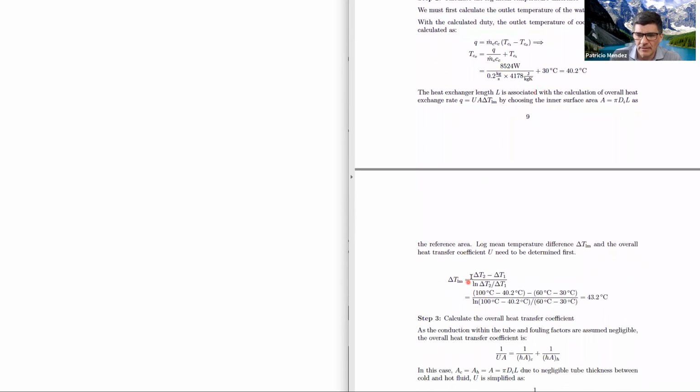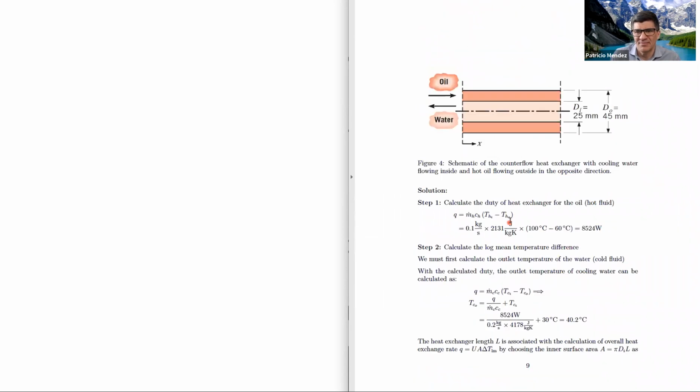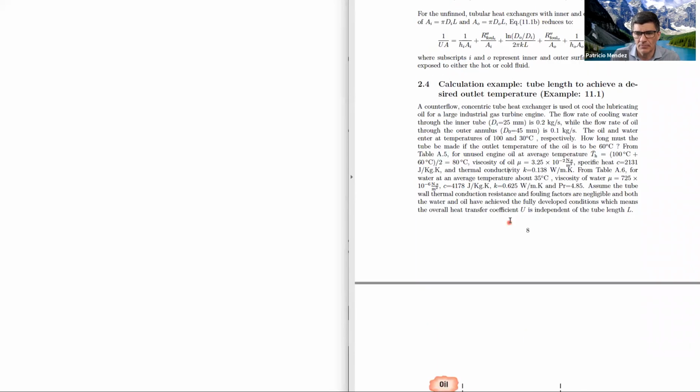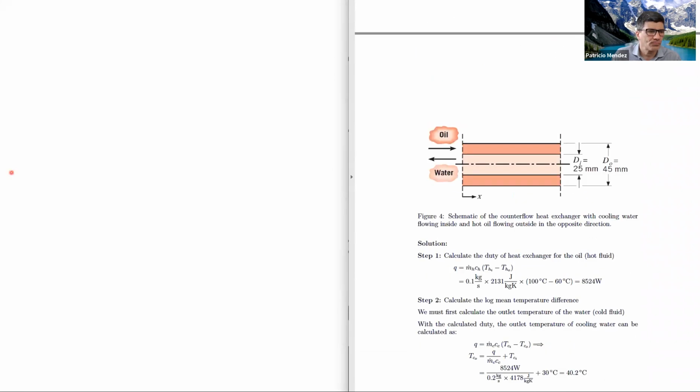So let's calculate the delta T log mean. That would be delta T2 minus delta T1 over the natural log of delta T2 over delta T1. What are delta T2 and delta T1?